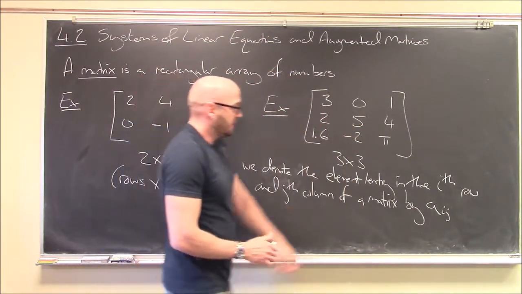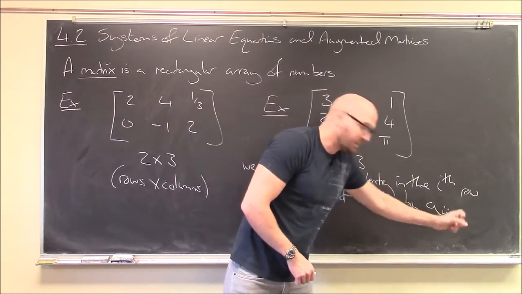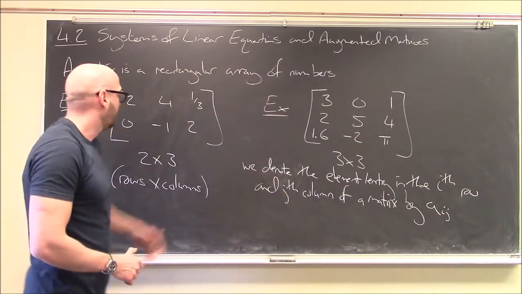The first number, i, tells you which row it comes from, and the second number, j, tells you which column it comes from.